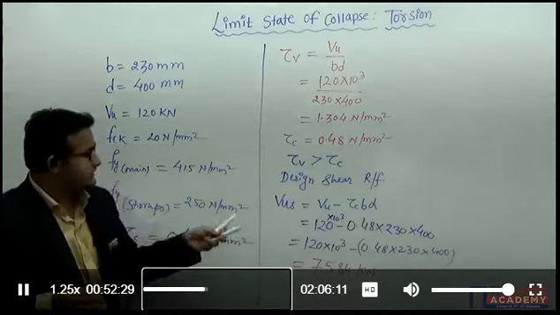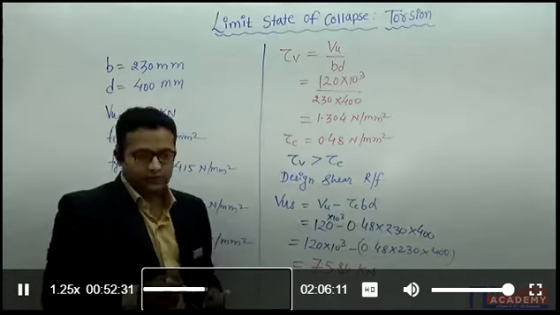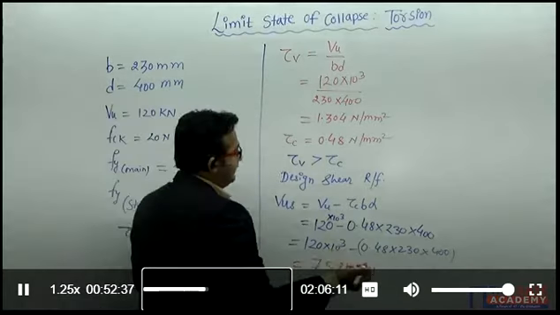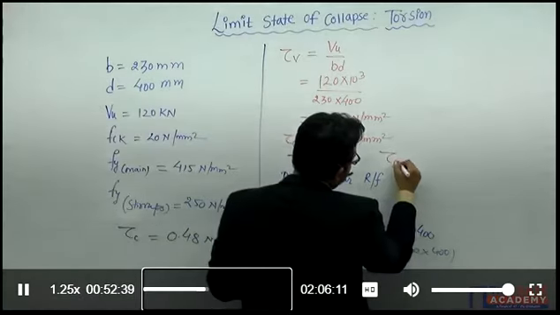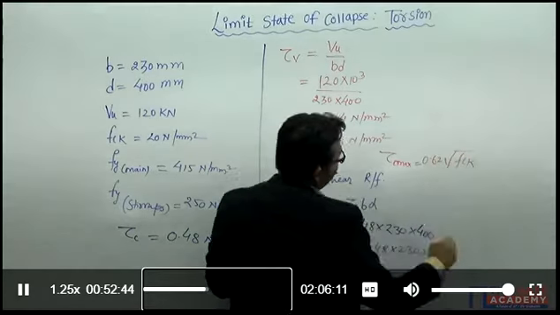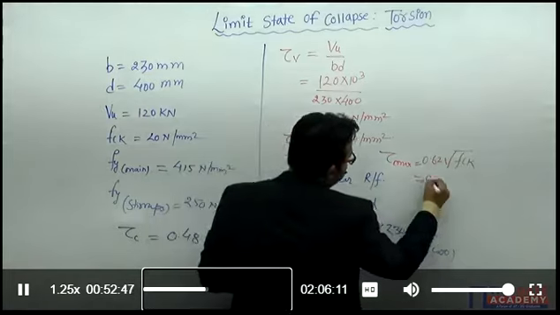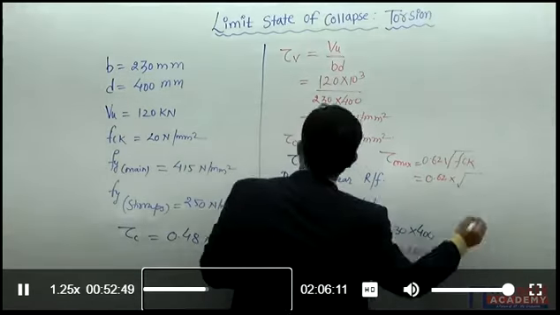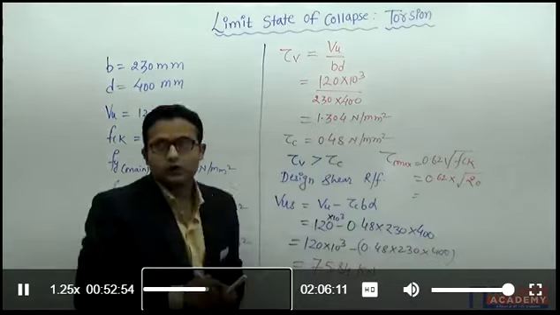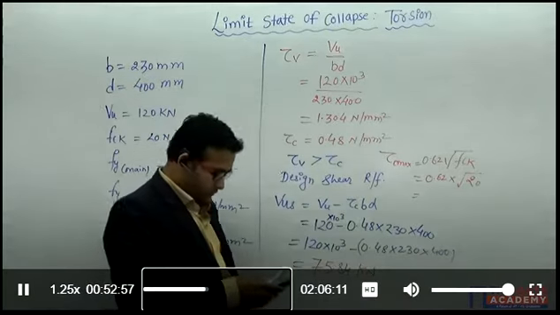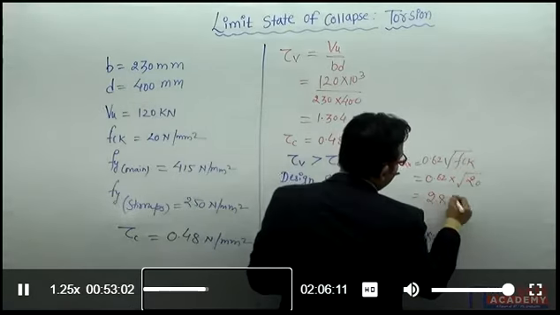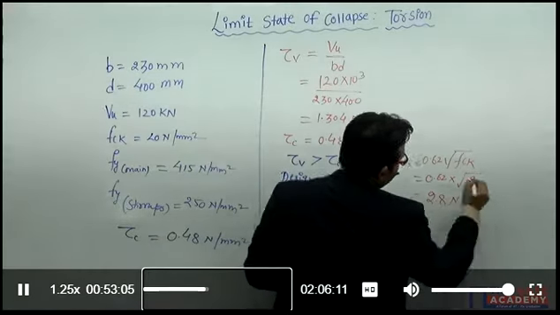Fine. We also need to check for tau c max. Tau c max is equal to 0.62 under root fck. Putting fck as 20, the value of tau c max is nearly equal to 2.8 Newton per mm square.